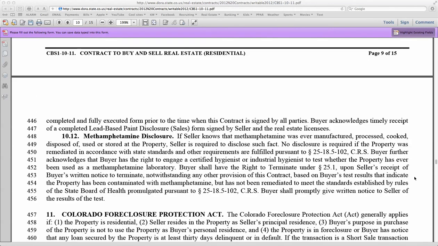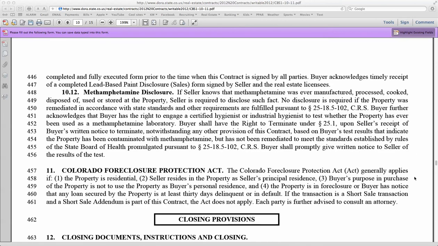Methamphetamines, 10.12. If the seller knows that meth has ever been manufactured, processed, cooked, disposed of, used, or stored on the property, the seller is required to disclose this fact. The only time the seller is not required to disclose this is if it has been properly remediated up to state standards, and then it is not considered a meth property anymore.